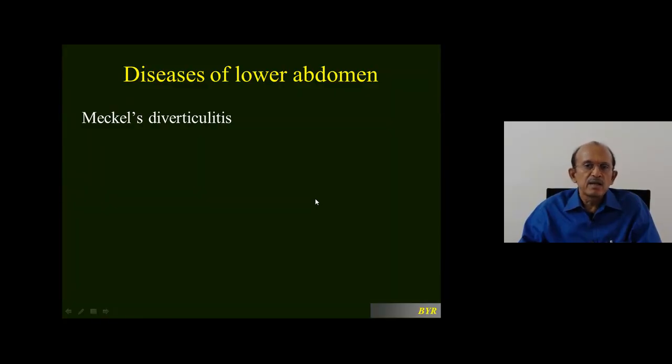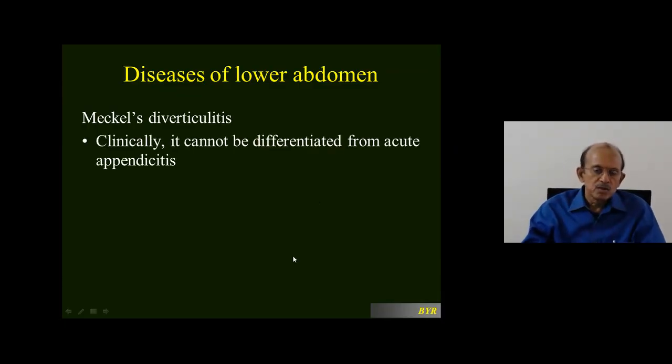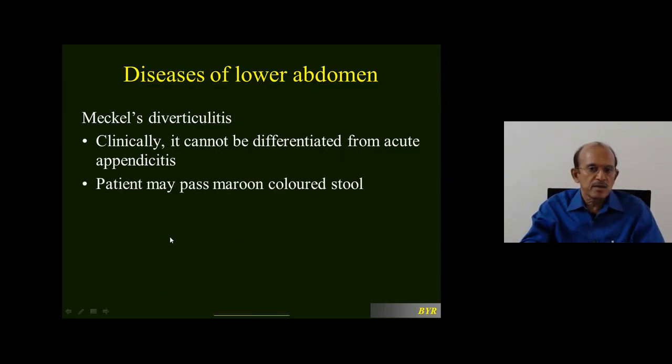Later, pain shifts to the right iliac fossa. On examination, there is the same tenderness in the right iliac fossa with guarding. So the symptoms of diverticulitis and appendicitis are the same. There is no difference. So clinically, it cannot be differentiated from acute appendicitis. But in some cases of Meckel's diverticulitis, there may be maroon colored blood in the stools.